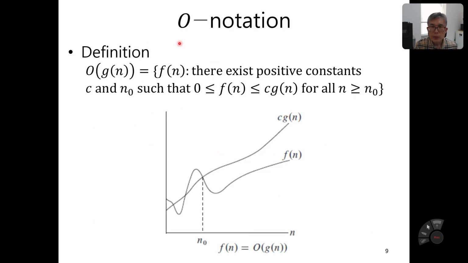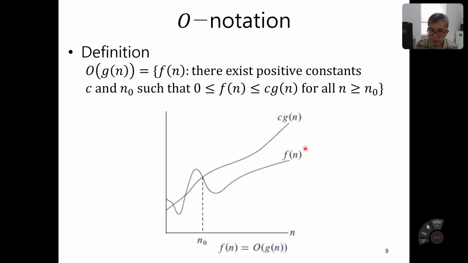Let's take a look at big O notation. Big O of g(n) is a set of functions. There exist positive constants c and n0 such that f(n) is greater than or equal to 0 and bounded above by c g(n) for all n at least the threshold n0.